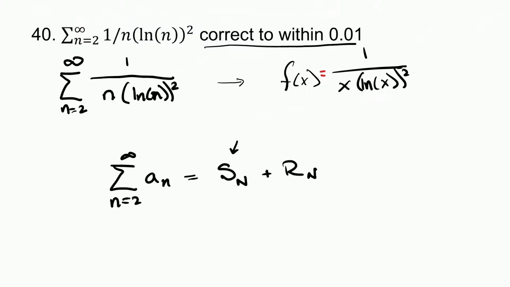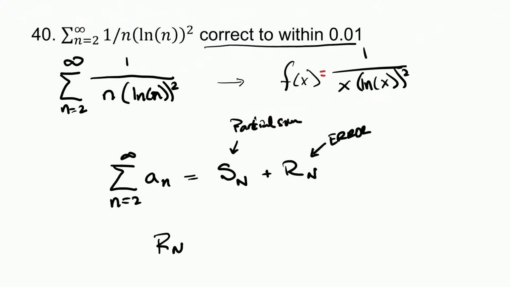So this is a partial sum, and this is the remainder, the error. This r sub n is the error from chopping off and saying, I'm not going to add up any more terms, let's not add up the rest.